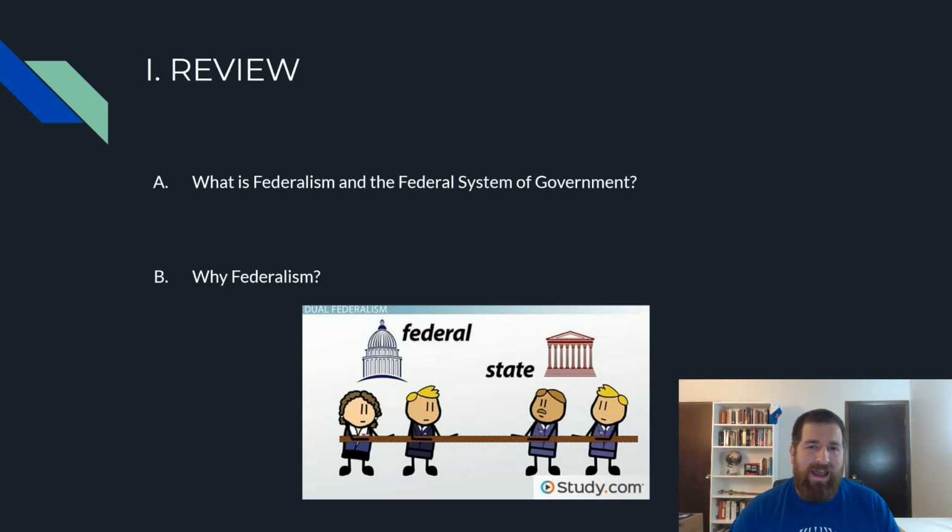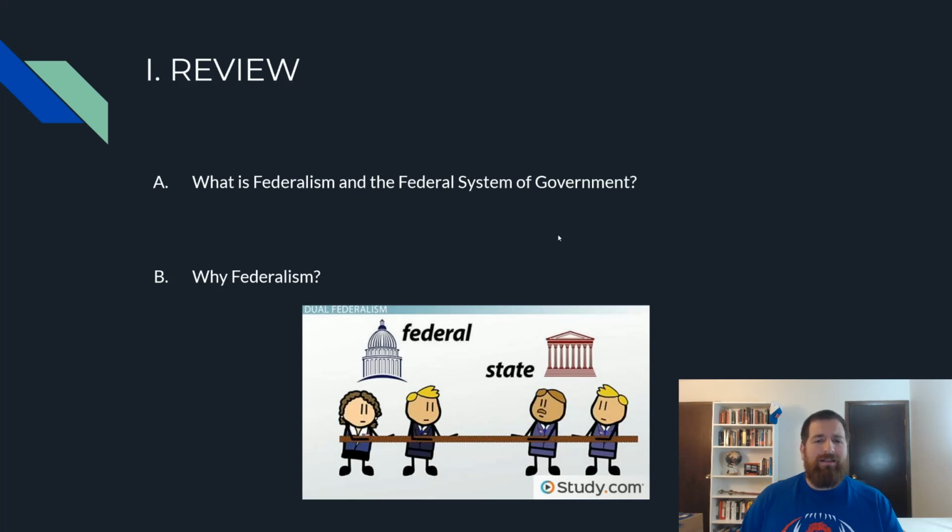It prevented the creation of a tyrannical central authority, but at the same time didn't water down that central authority so much that it was useless. So that's why we decided to go with this federal system of government with the U.S. Constitution when we replaced the Articles of Confederation.